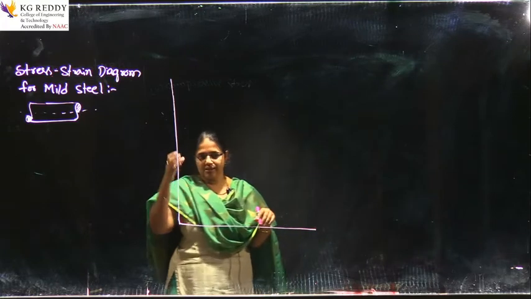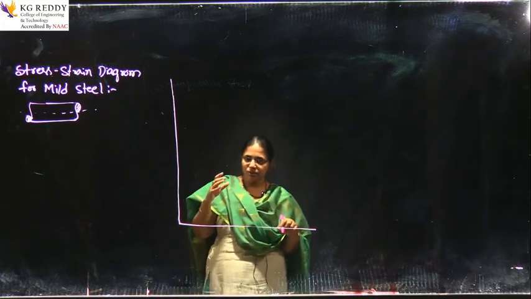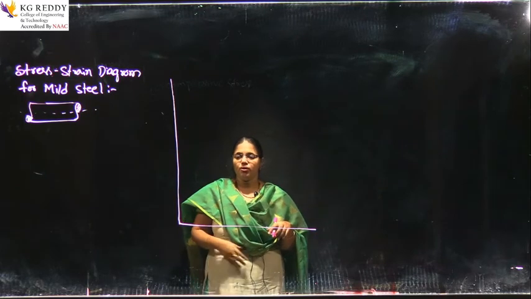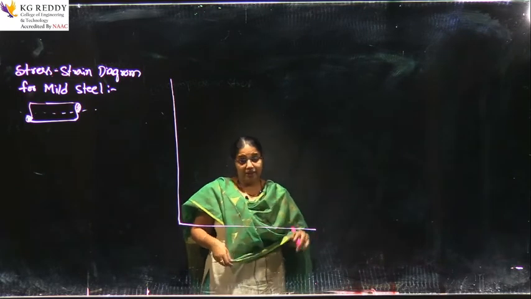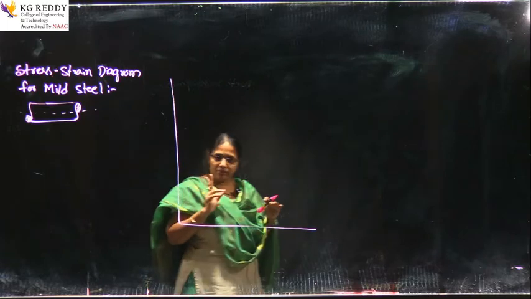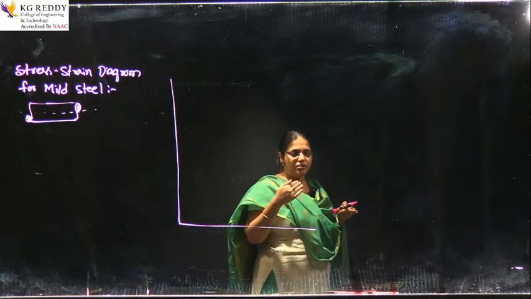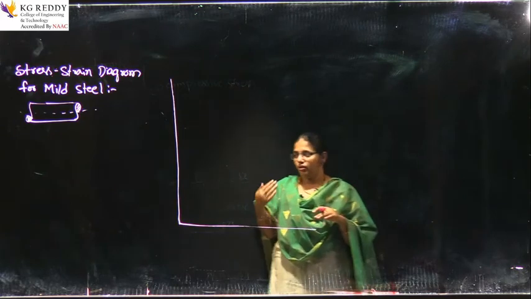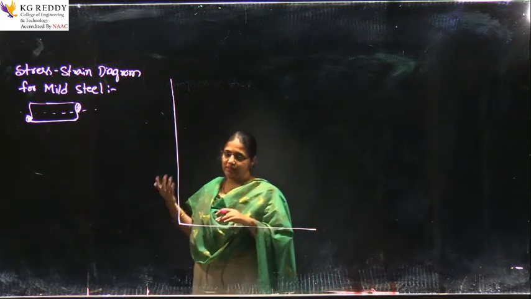Initially I had taken one mild steel material, and on that some load, 5 kilonewtons or 10 kilonewtons, I have applied on this particular material, right. What will be happening? A design engineer must know what will happen if the load is applied continuously.